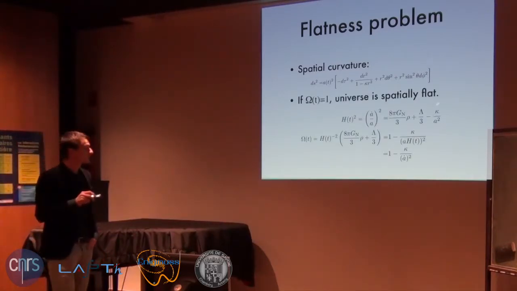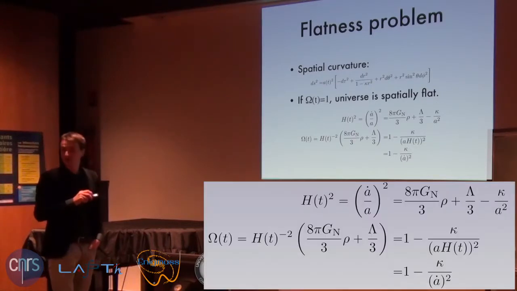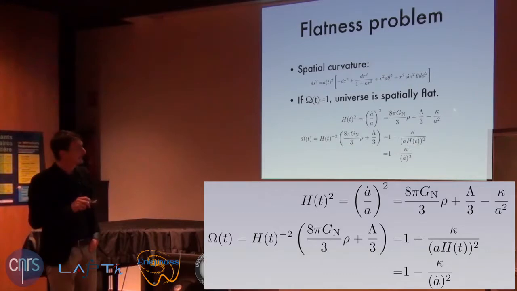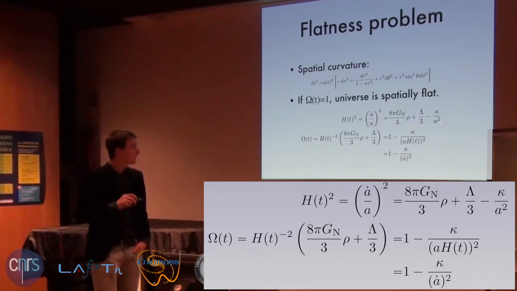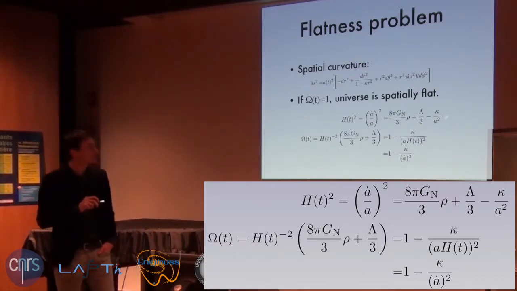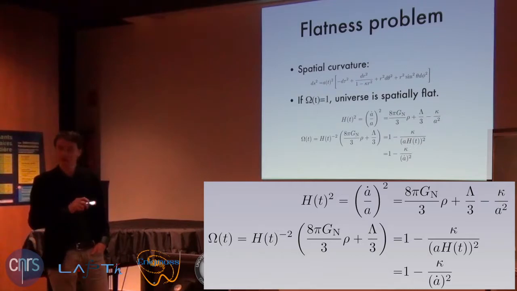Now, curvature affects the expansion rate of the universe. So, that means if you have no curvature, you get a different expansion rate than when you have a large curvature. Importantly, if curvature is large and positive, so you have a very closed universe, the expansion rate will decrease all the time and will at some point go from positive to negative.